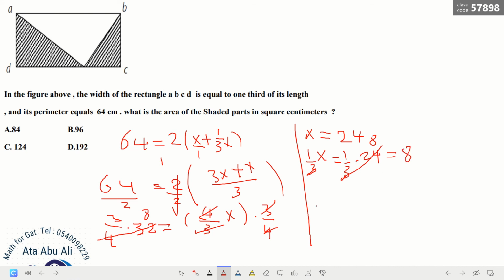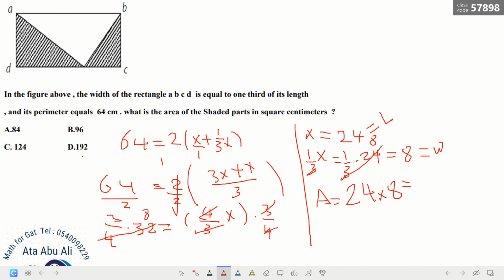To find the area, if we suppose this is the width, and we suppose that 24 is the length, we have to multiply 24 times what? Times 8. So the answer is equal to what?